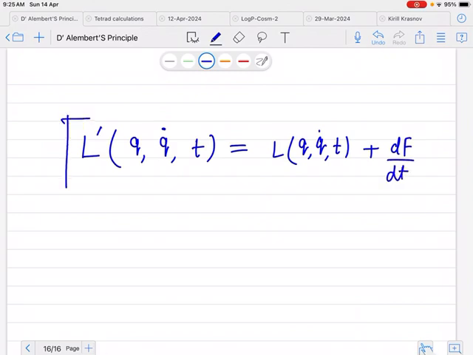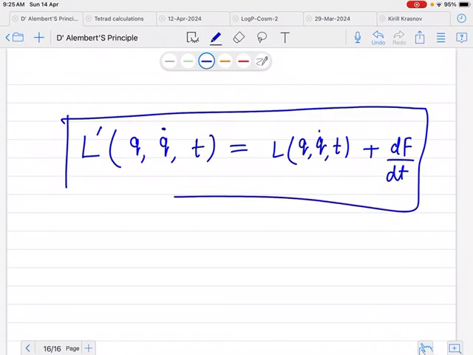So the Lagrangian equation of motion becomes unchanged. This is a very important result. Both Lagrangian L and L prime will give you the same equation of motion. And it's only for the conservative system. The 1.56 equation is a suitable choice for the conservative system.